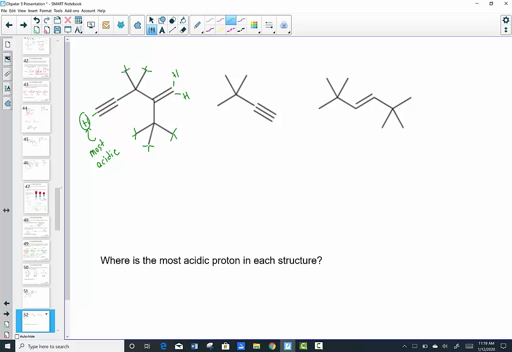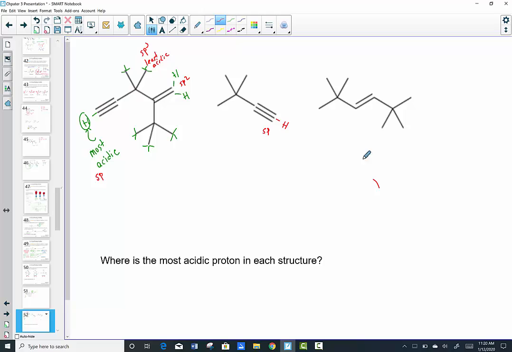Notice here we have 9 equivalent hydrogens on this side, which are identical to the 9 equivalent hydrogens here. Those are all sp3 hybridized. Finally, here there's a hydrogen here and a hydrogen here. Notice that these are what we call equivalent hydrogens.